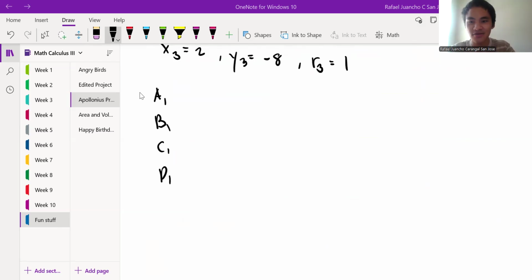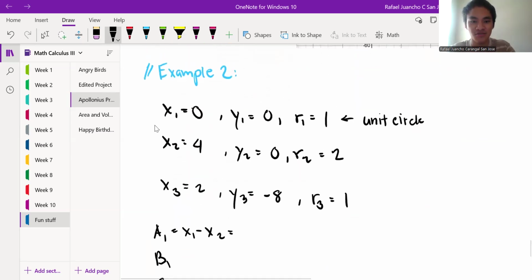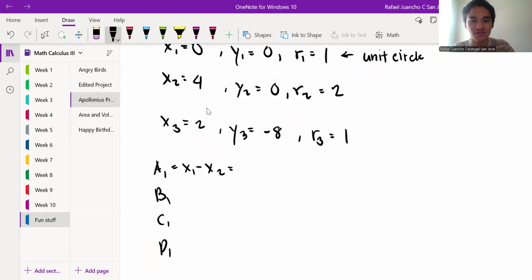But yeah. Okay, so my first one was x1, x2. So what is this? X1, x2, so that's 0 minus 4, that's negative 4. My B was y1, y2. Okay, I might split the video just because I think the example's too long, maybe.